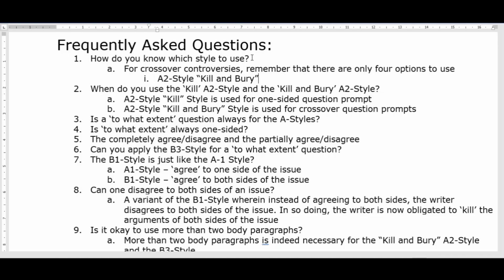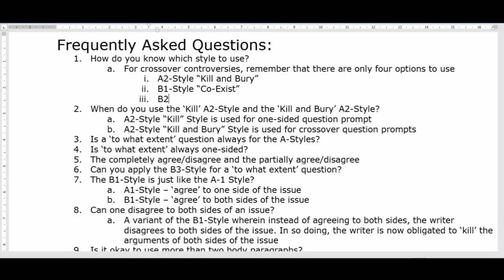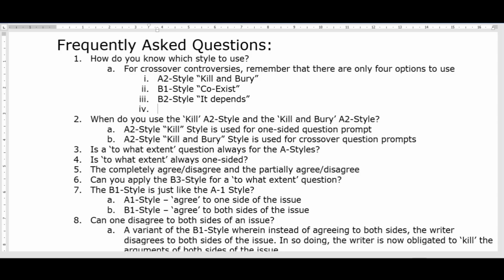And then of course the next options are for the B style. So B1 style is what we call the coexists. And then the third style, the B2 style, is what we call the it depends. And the B3 style is now what we would call the compromise there.